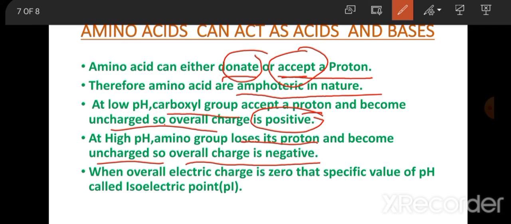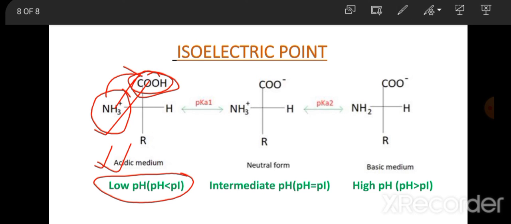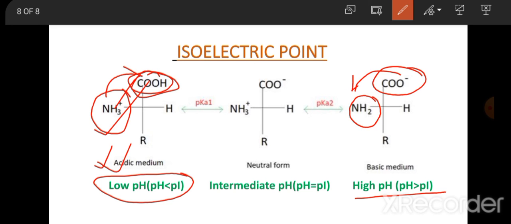And when high pH occurs, the carboxyl group donates a proton and becomes negatively charged, and the amino group is uncharged.